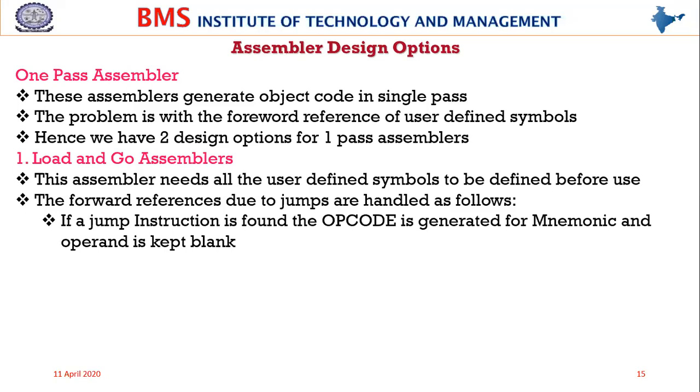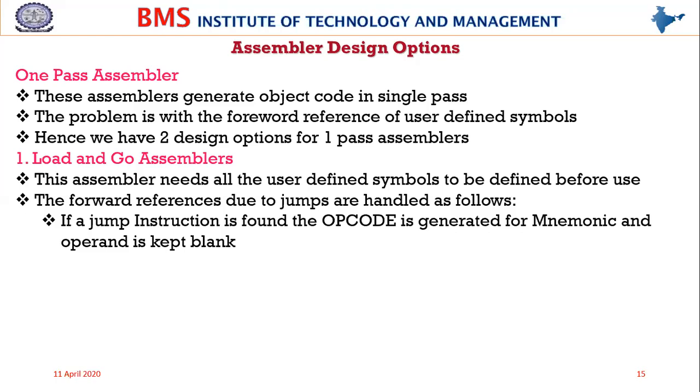To handle these sorts of forward references, we can leave that blank, make an entry into the symbol table with a blank address, and when the address is known, we update it in the symbol table. So this way we can go for load and go assemblers.